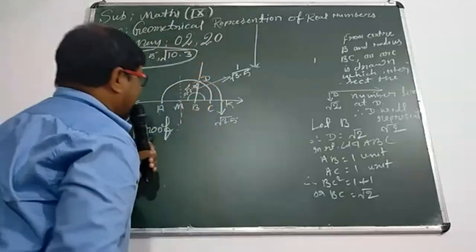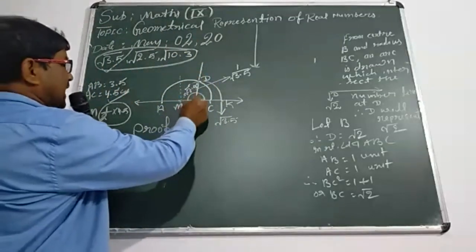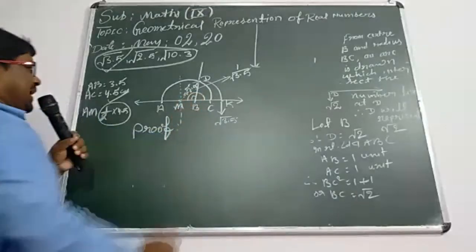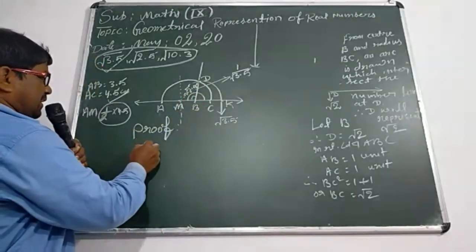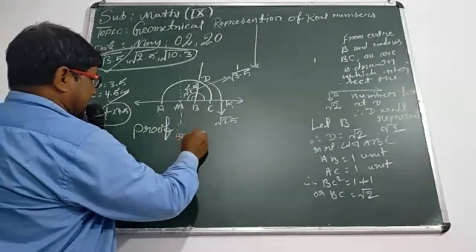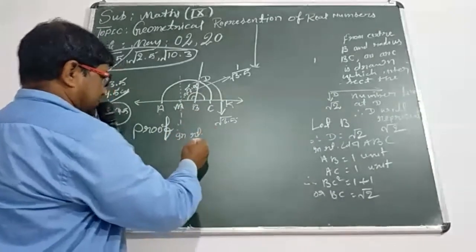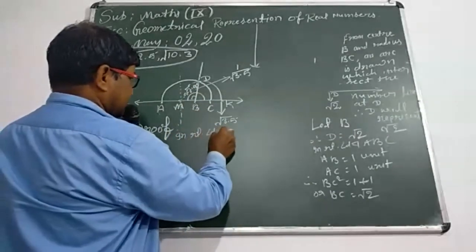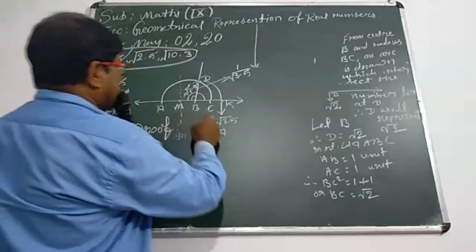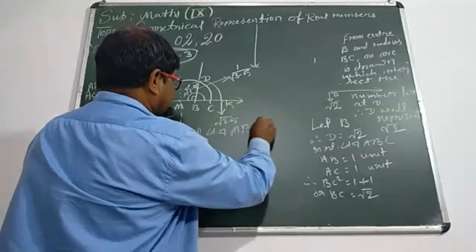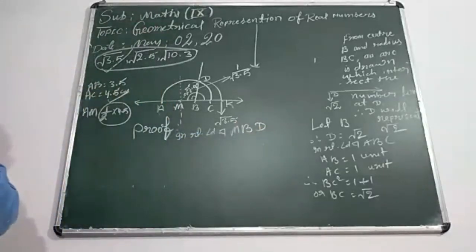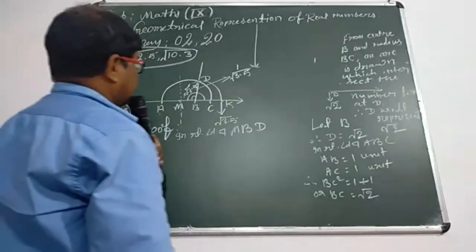Students, this is the perpendicular. Okay, now in right angled triangle MBD. Take down.